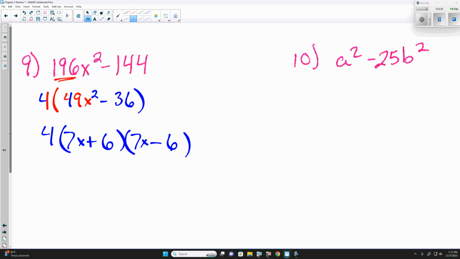Questions on number 10? Okay, what times itself is a squared? Well, that'd be a and a. What times itself is 25b squared?